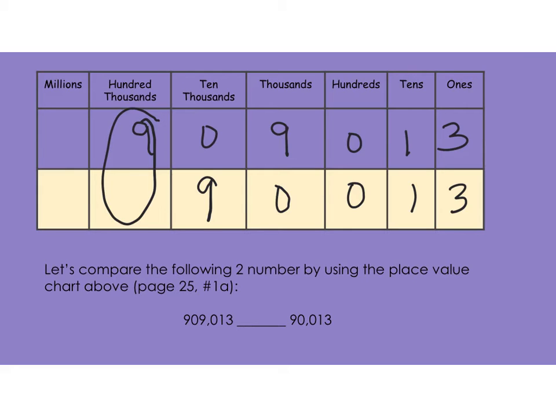So I'm going to put in my greater than sign. Remember, the sign is just open to the larger, or the number with the greater value. So 909,013 is greater than 90,013. Even when I say it, I can hear it.